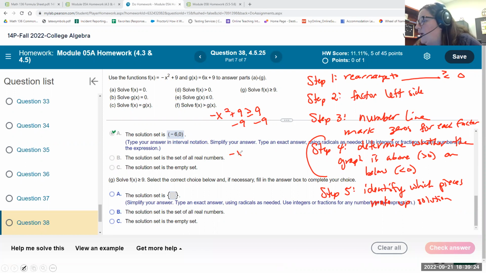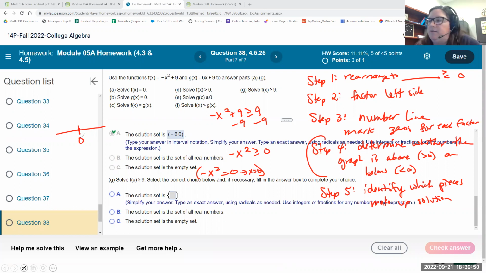I want to know where -x² is greater than or equal to 0. I'm not going to just solve this like an equation. I'll step aside and ask, where does -x² equal 0? That's just at 0.